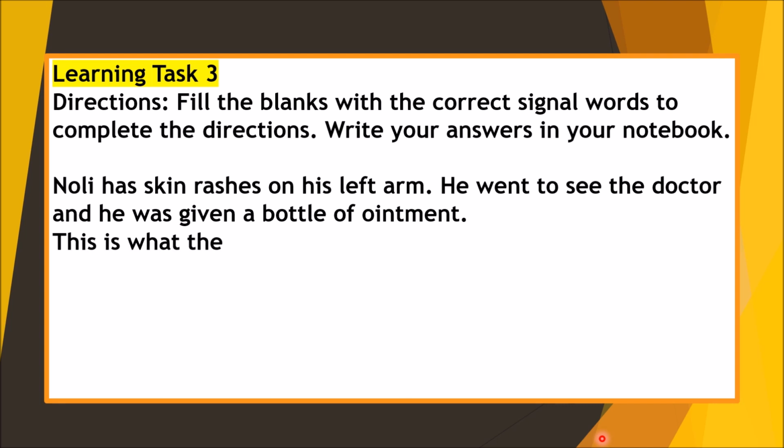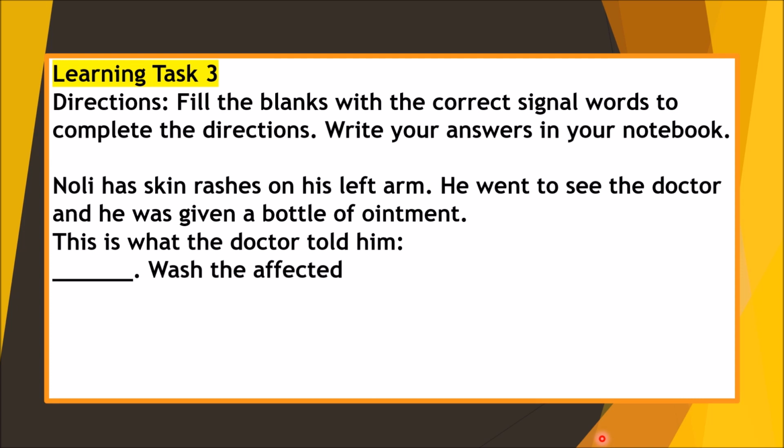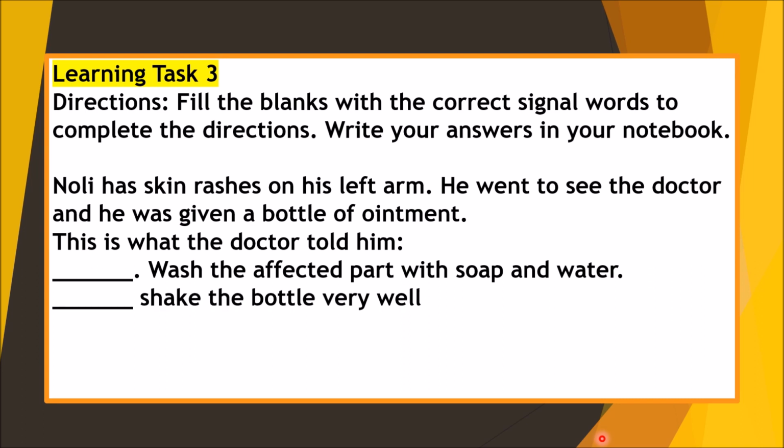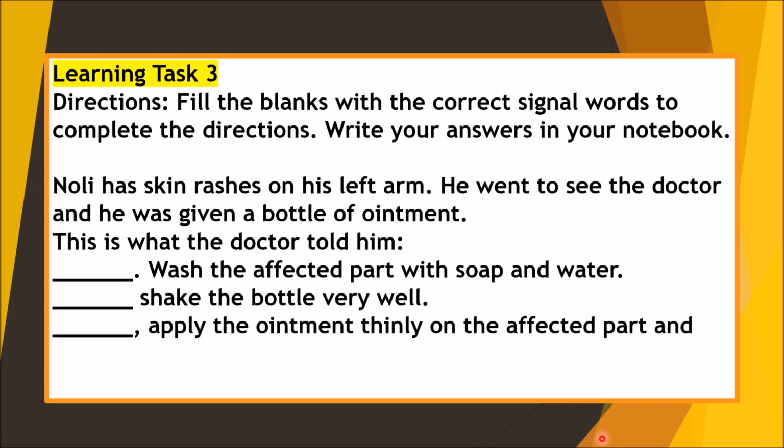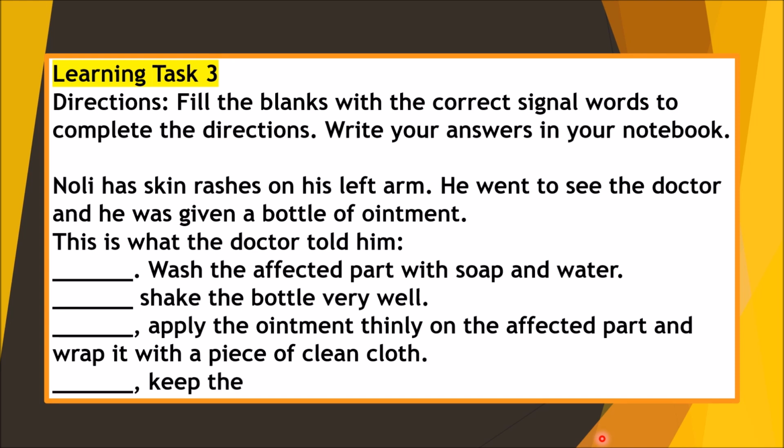This is what the doctor told him. Blank the affected part with soap and water. Shake the bottle very well. Apply the ointment thinly on the affected part and wrap it with a piece of clean cloth. Keep the bottle tightly closed.